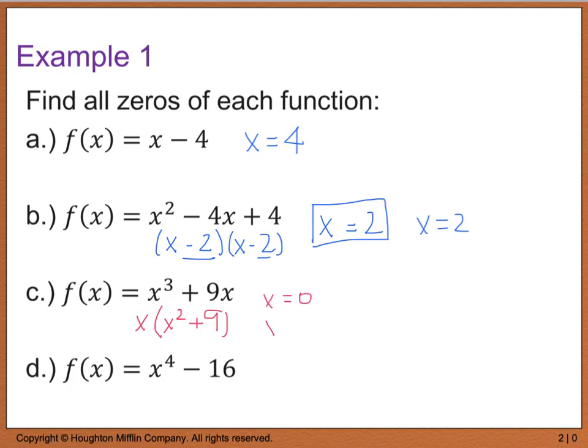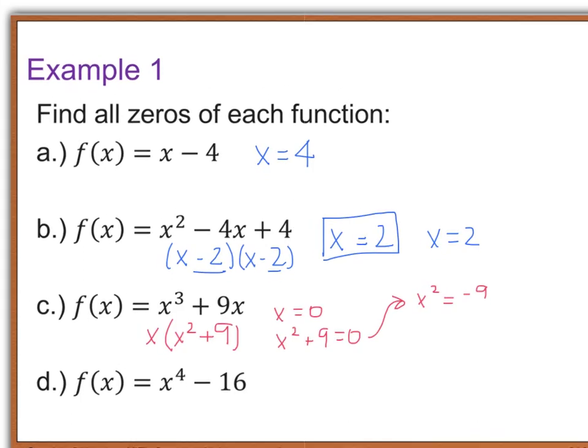And if I take x squared plus 9 and set it equal to 0, we end up with x squared equals a negative 9, or x equals plus or minus the square root of a negative 9.